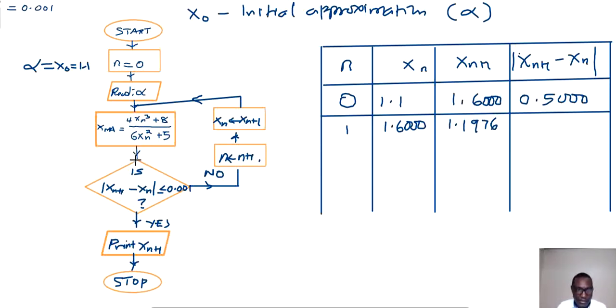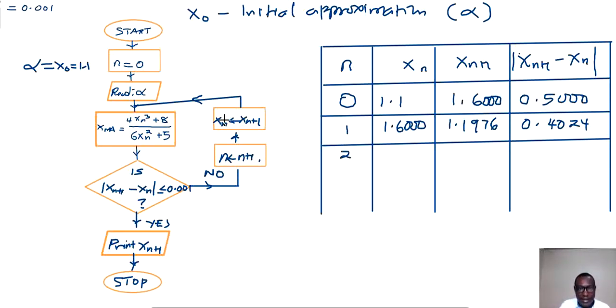Then we need to take the error. We need to get xn plus 1 minus xn, this minus that, which is 0.4024. So is this value less than 0.001? No. So that means the n goes to another value. So we are going to add a 1 on this previous n here to make it 2.